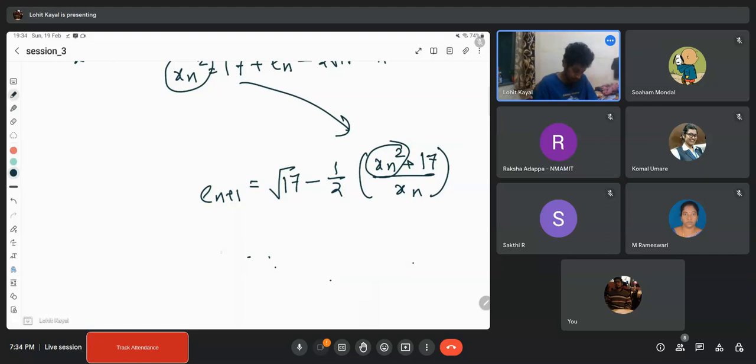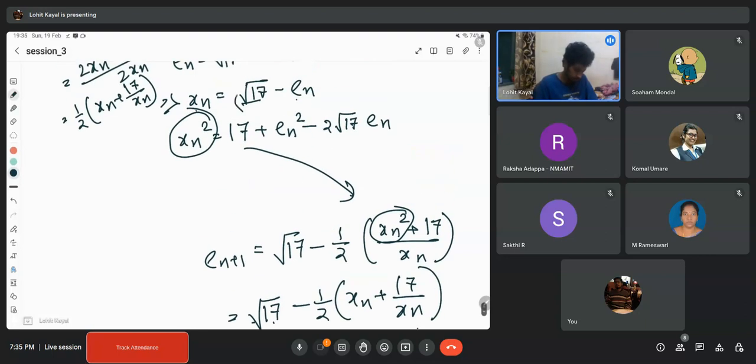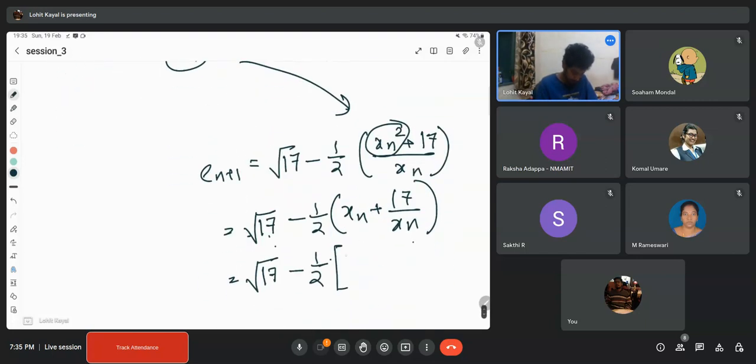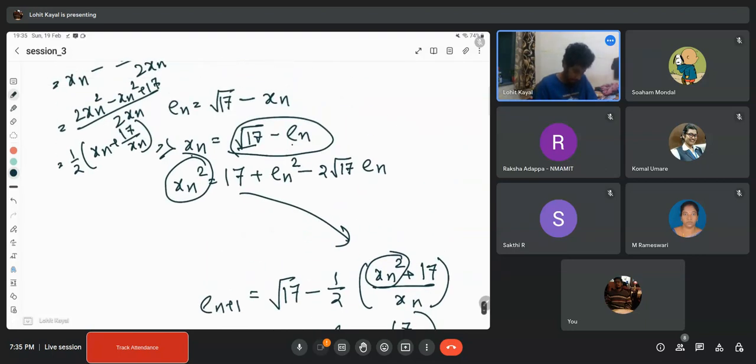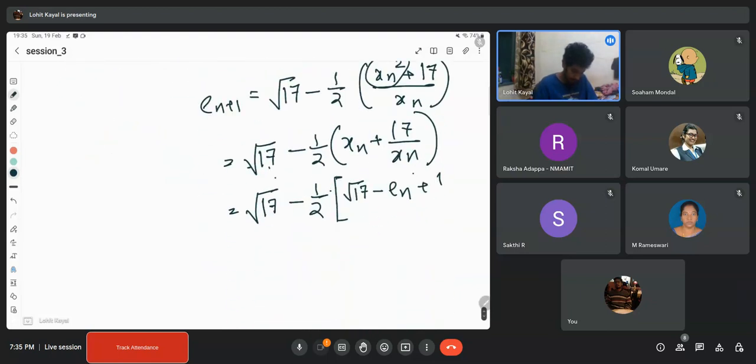Let's not do it in this manner. It can be made simpler. So en plus 1 is square root of 17 minus half xn plus 17 by xn. So in place of xn, substitute this. Then it will be square root of 17 minus half square root of 17 minus en plus 17 by xn.